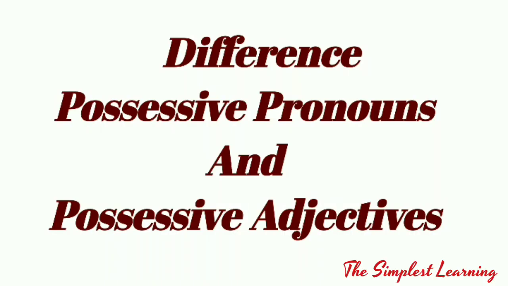It is confusing when to use possessive pronouns and when to use possessive adjectives because both are used to show possession or ownership. But there is a difference in the use of possessive pronouns and possessive adjectives.